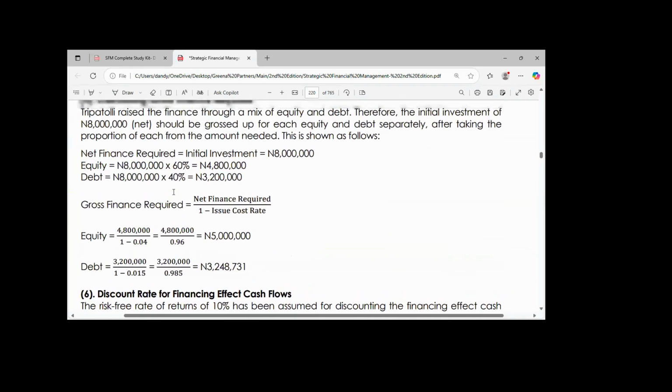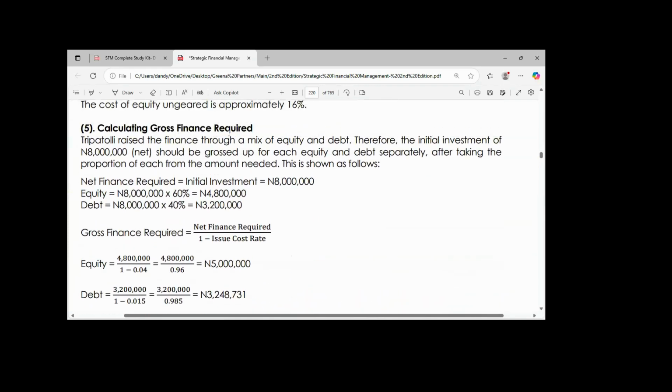Yes. So calculating gross finance required. We totally raise the finance through a mix of equity and debt. Therefore, the initial investment of 8 million naira net should be grossed up for equity and debt separately, after taking the proportion of each from the amount needed.